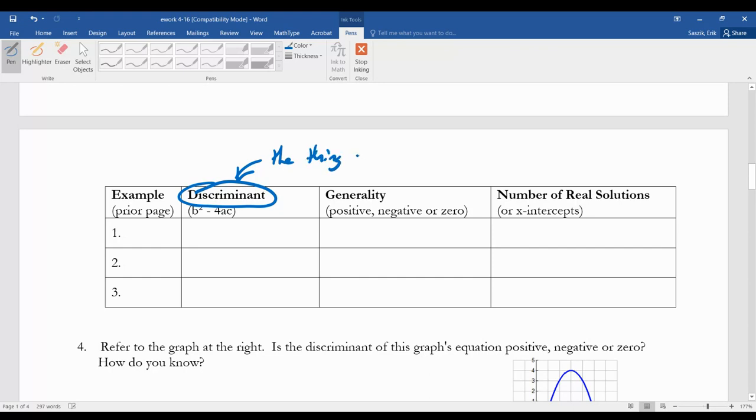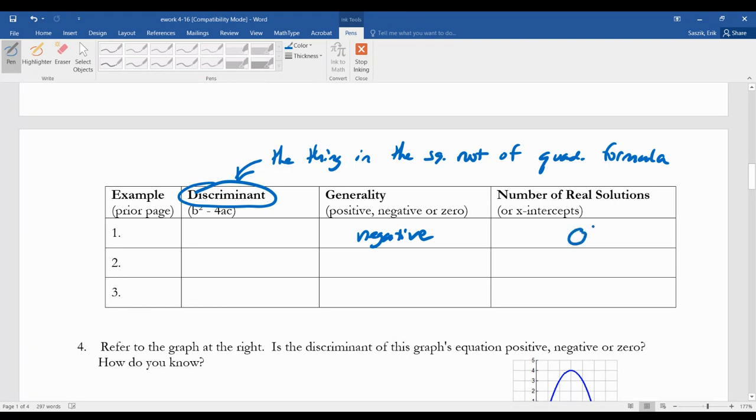That's the thing in the square root of the quadratic formula. Okay? Now, if that discriminant is negative, how many solutions are you going to have?